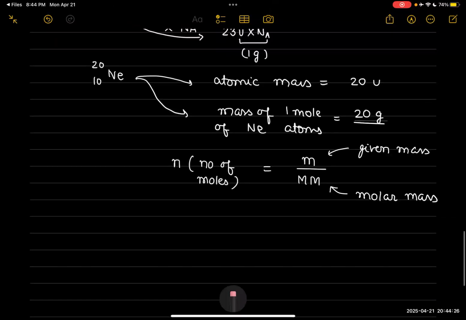What do you understand by this, what I have written? N represents the number of moles in a given mass of substance. So the mass would be given. The number of moles in a given mass is the given mass in grams divided by the molar mass.